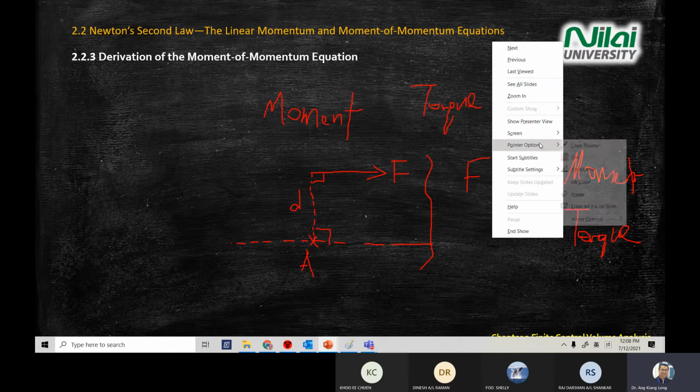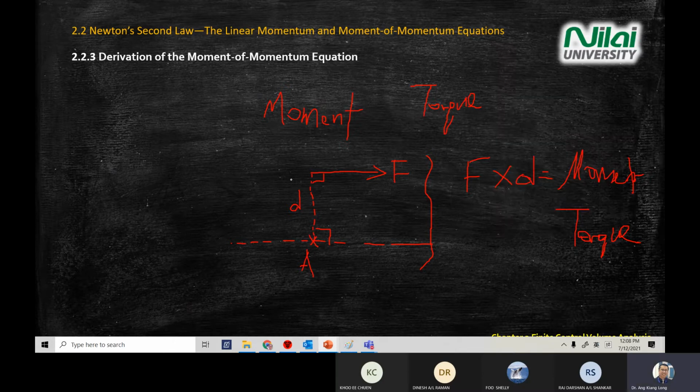This force is going to create a rotation effect. In this case, referring to the force direction, you're going to have an anti-clockwise torque or moment about point A. This is the effect.